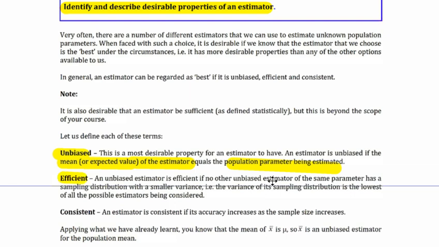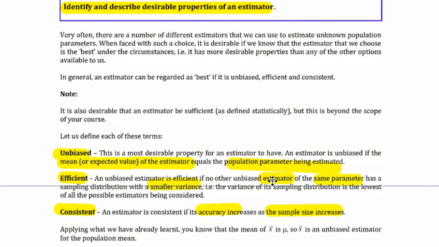It's efficient. In other words, there's no other estimator of this particular parameter, okay, that's got a smaller variance, a smaller amount of dispersion than what I'm currently using at the moment. And it's consistent. In other words, as we increase the sample size, the accuracy goes up. And remember that that's of course what happens.